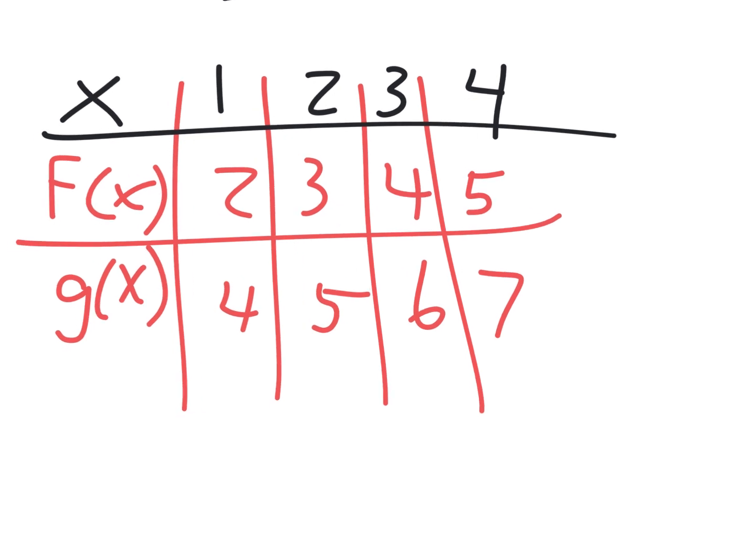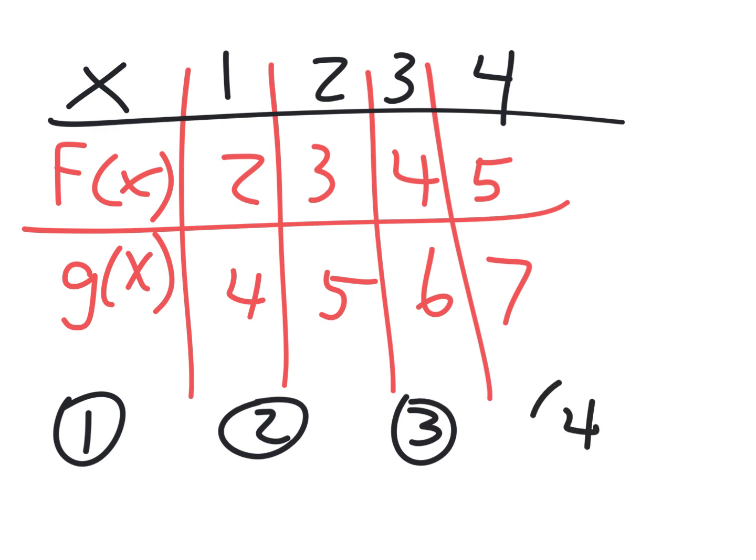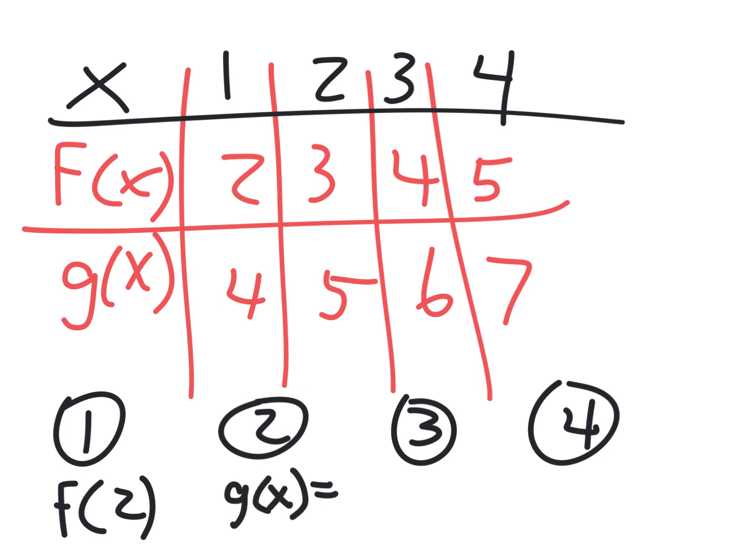But all right, so I want you to figure out 4 things. 1, 2, 3, 4. Here's the first thing. Really simple. What's f of 2? Number 2, instead of f, let's do g. But instead of just saying like g of 2, let's say g of x is 5.